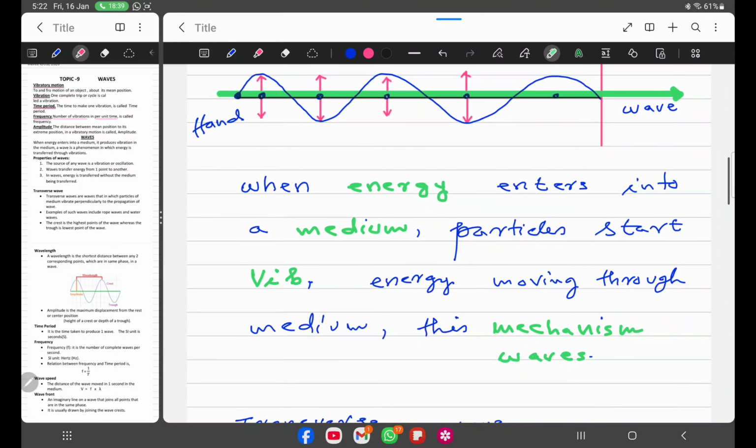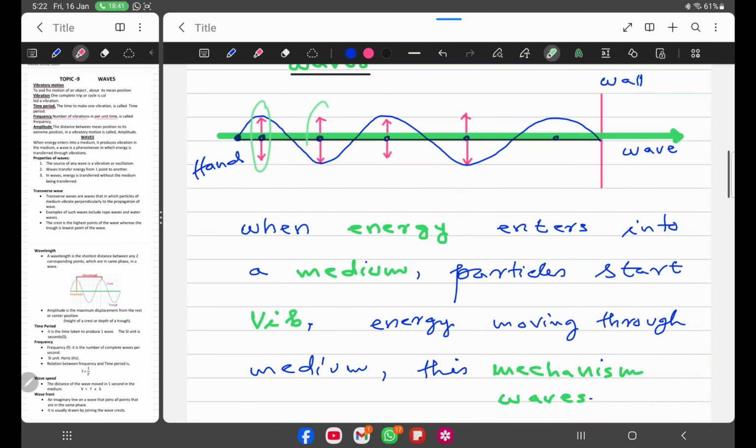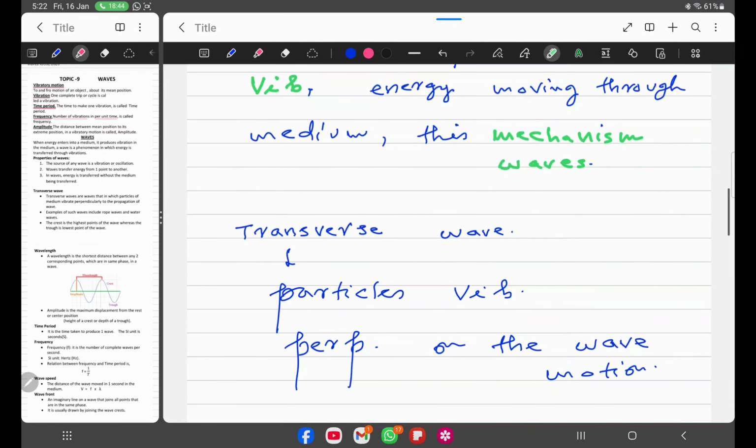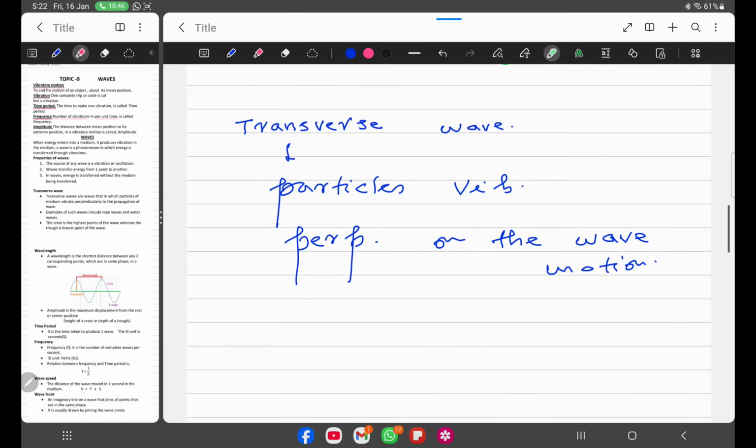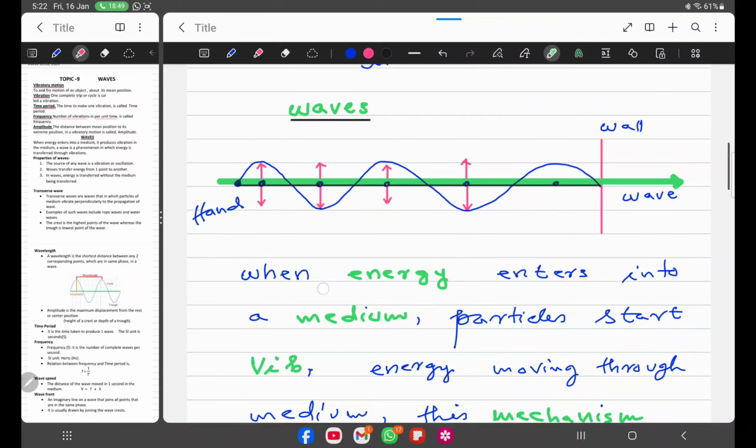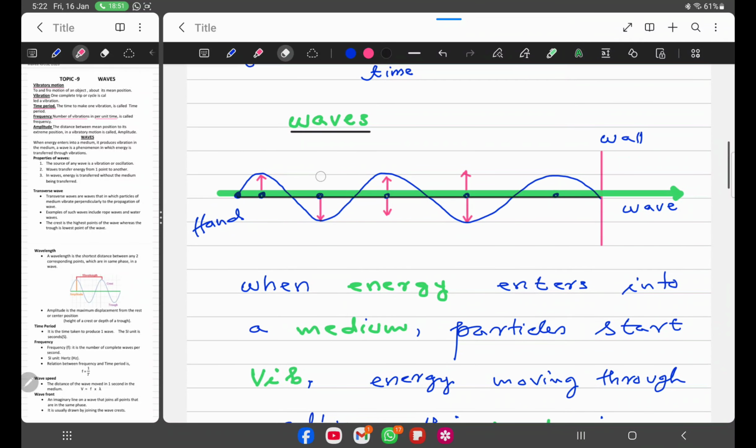In a transverse wave, you can see the particles are vibrating perpendicular to the wave motion. In this transverse wave, you should know this portion which is above the mean position is called the crest of the wave.